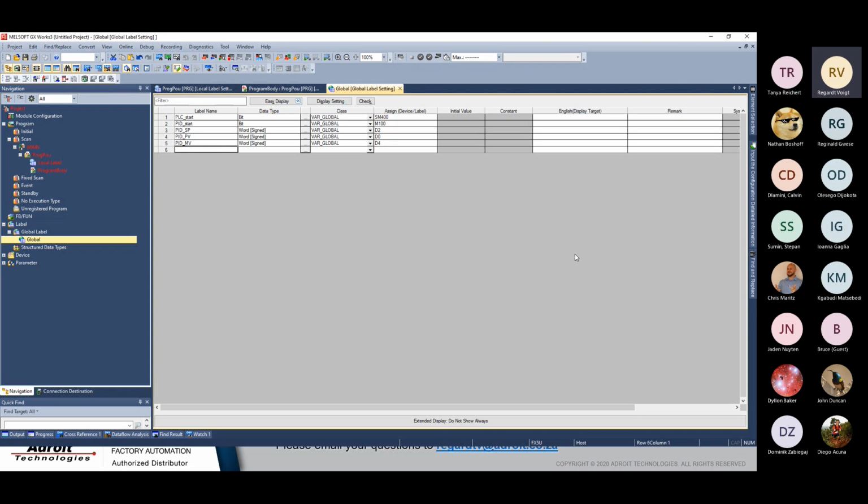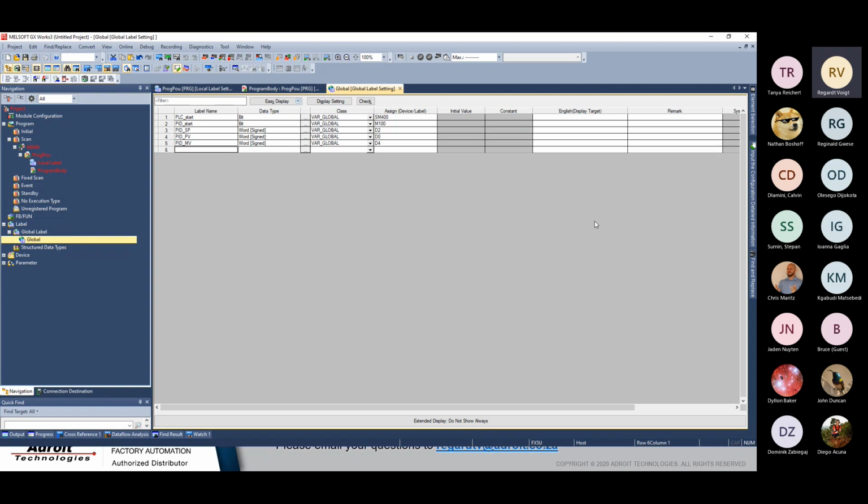Right. If you want to, you can also configure the upper limit and lower limit of your output. So why is this important? This is important if your analog card, for instance, has a PLC value resolution of 0 to 8,000, or 0 to 16,000, or 0 to 4,000. So you can change that accordingly.